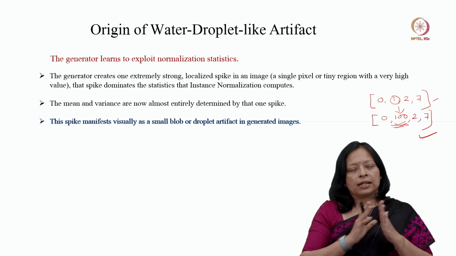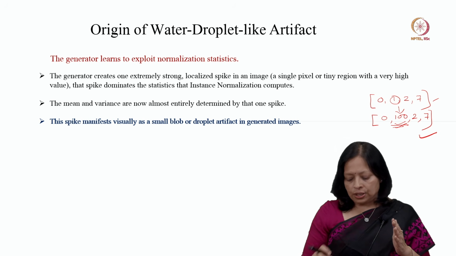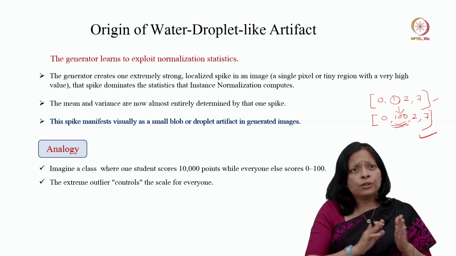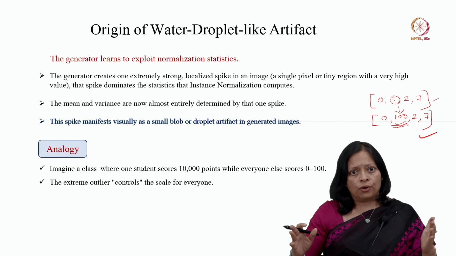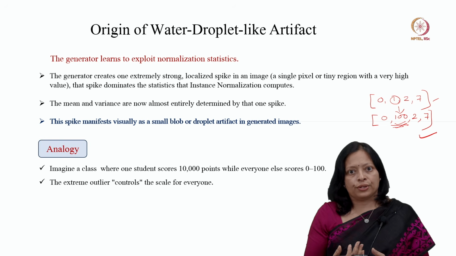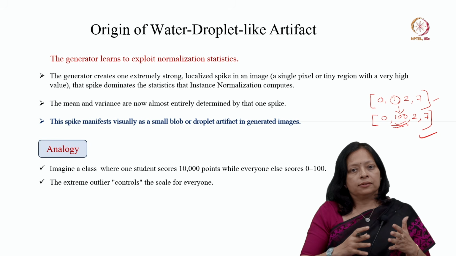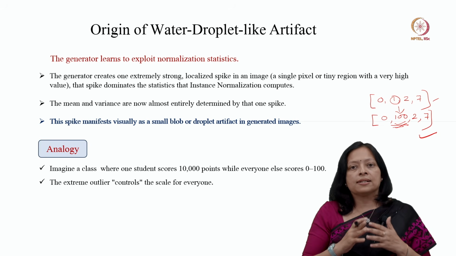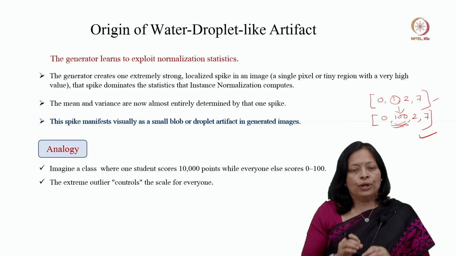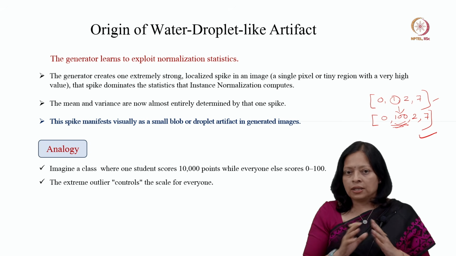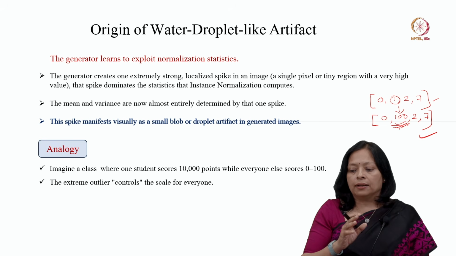Think of a class of students where all the students have got 0 to 100 marks, and one student out of all those students scored 10,000 points. Then what happens? The extreme outlier, which is 10,000, controls the scale at which each of the students' scores belongs. So, the mean, the variance, everything will change.